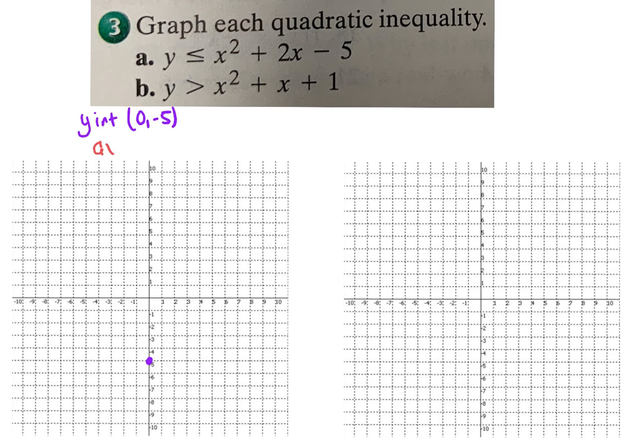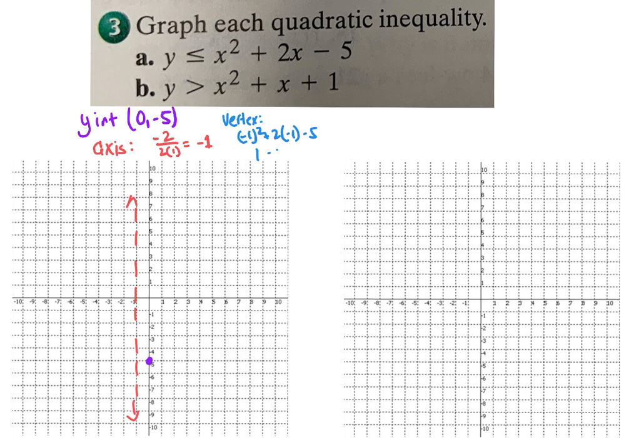Your axis of symmetry would have been at -2 over 2 times 1. So you'd have gotten just -1. So it should have looked something like this. And then your vertex, when you plug in a -1, you get -1 squared plus 2 times -1 minus 5.